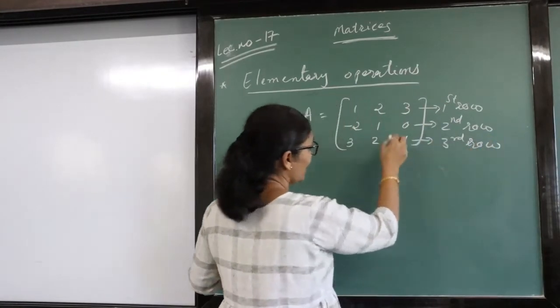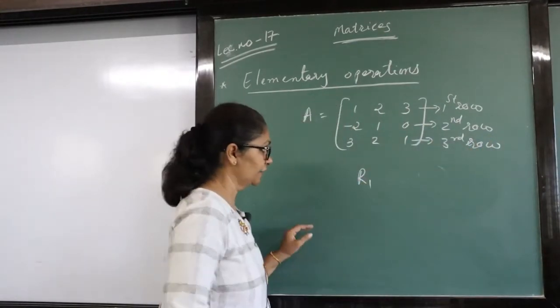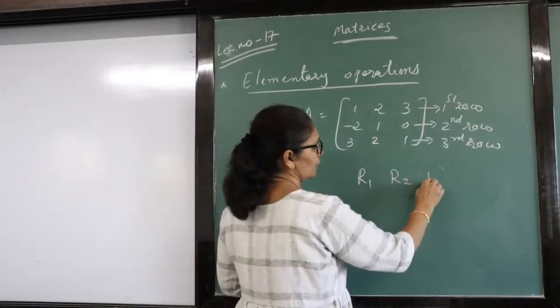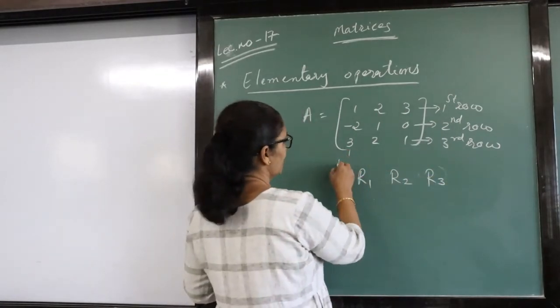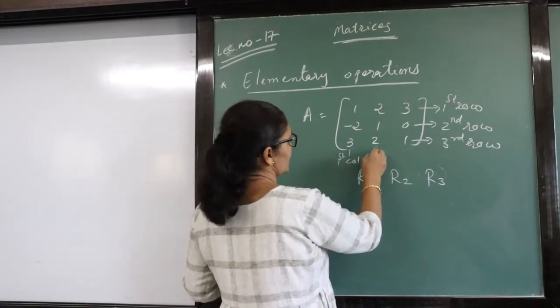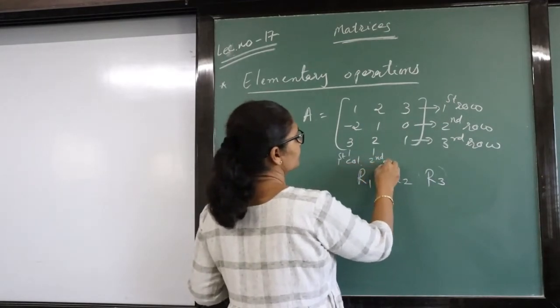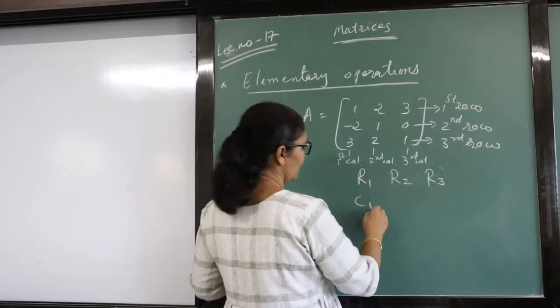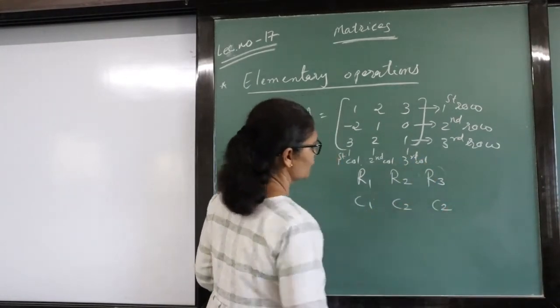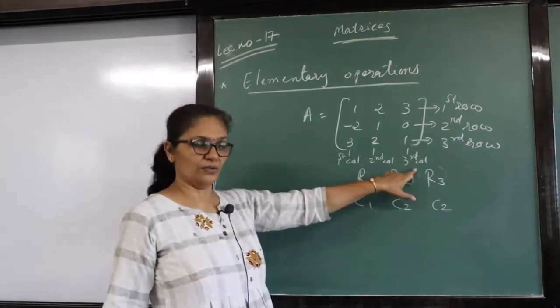We mention the first row by R1, the second row by R2 and the third row by R3. In a similar way, this is our first column, this is the second column, and this one your third column. So we mention columns by C1, C2 and C3.